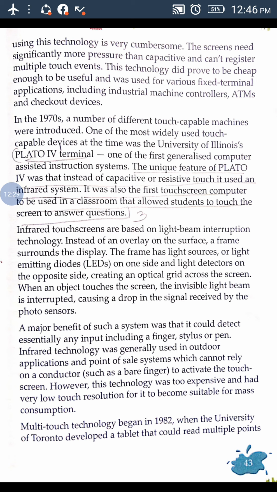However, this technology was too expensive and had very low touch resolution to become suitable for mass consumption.